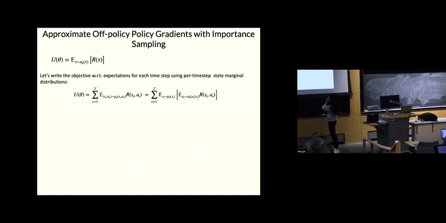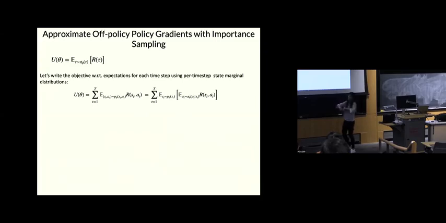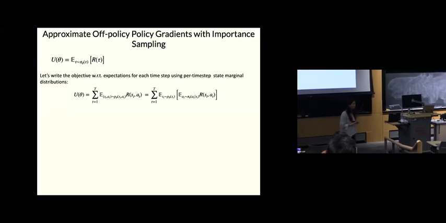At every time step, I have an expectation under states sampled from my marginal state distribution, how much time my policy spends on a particular state, and then another expectation over actions that my policy samples from that state, and the reward of that state and action. Do you agree with this alternative writing?